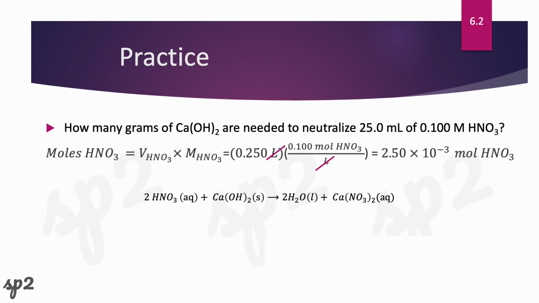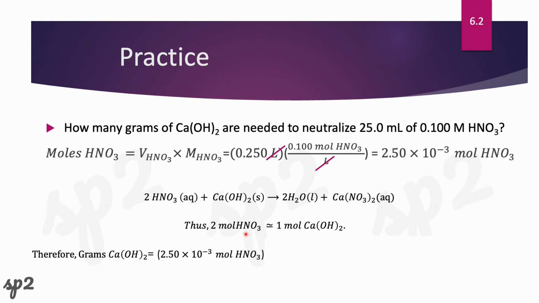Now, using the molar coefficients, looking at this, I've got 2 moles of nitric acid reacting with 1 mole of calcium hydroxide. So I'm going to have these written. Kind of straightforward, and then you take it to the next step.